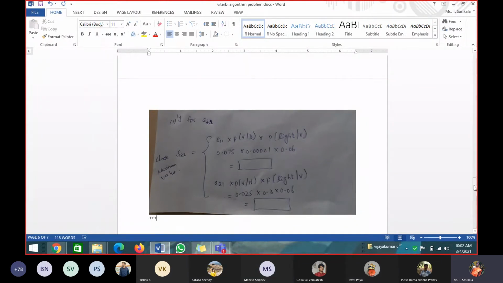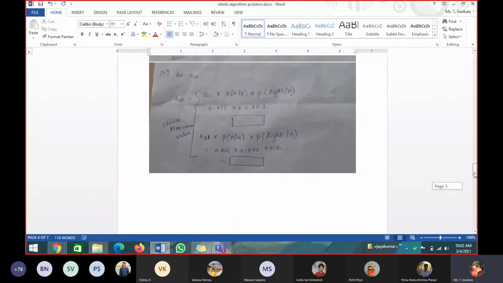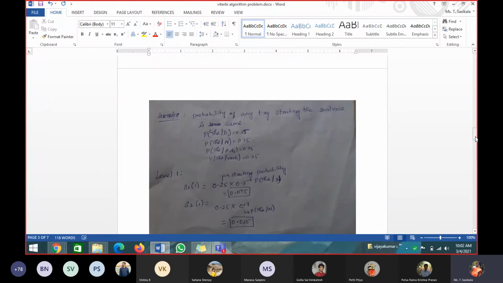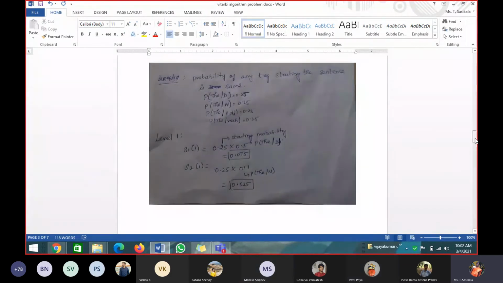Okay. So before moving to the third level, I'll tell you. Come to the first level. How many values do we have for the first level? How many combinations did we have? 2. Two combinations. Among these two combinations, which is the highest value? S11 or S21?